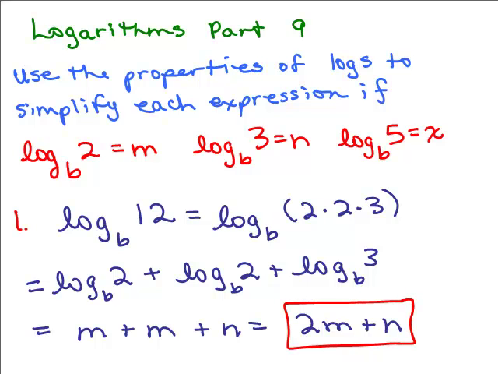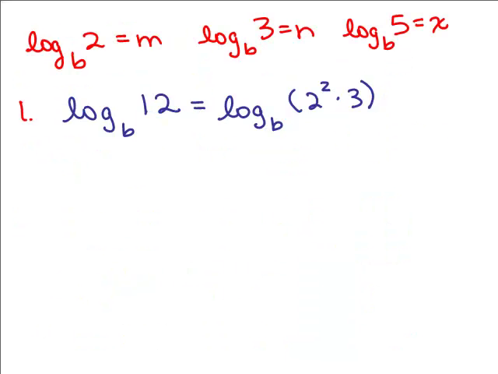Now, you might have written this problem instead of writing 12 as 2 times 2 times 3, as 2 squared times 3. So let's do the problem again, writing it that way. Here's the same problem. Instead of 2 times 2 times 3, I'm writing it as 2 squared times 3. Again, we start off with the log base b of 2 squared plus the log base b of 3.